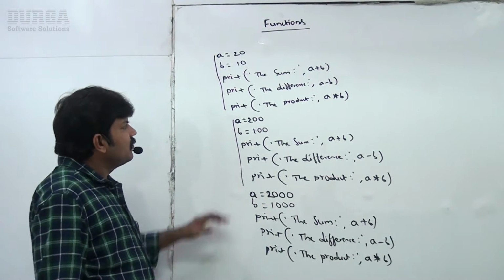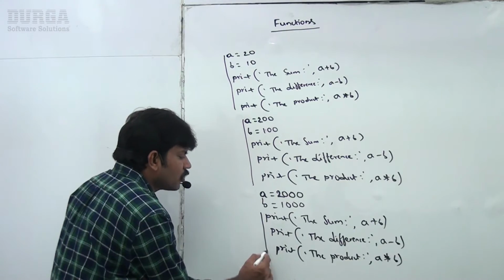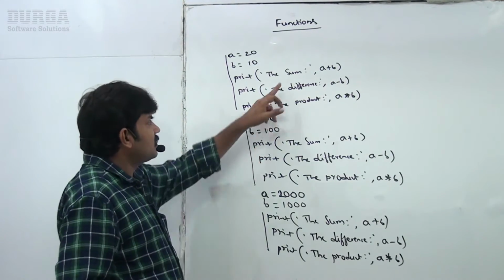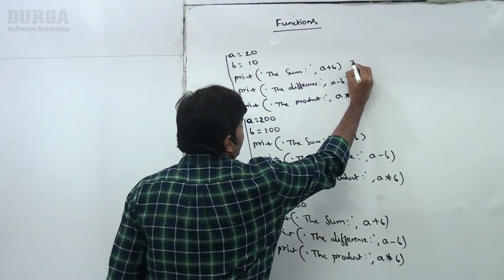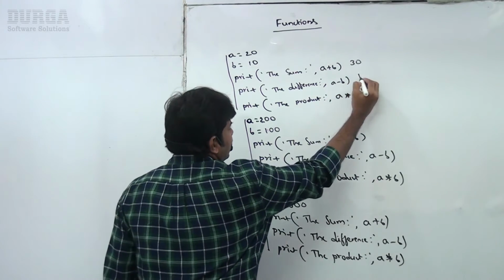Now observe, happily this code is going to work, no problem at all. The sum a plus b means 30. Next, a minus b, 20 minus 10, is 10.